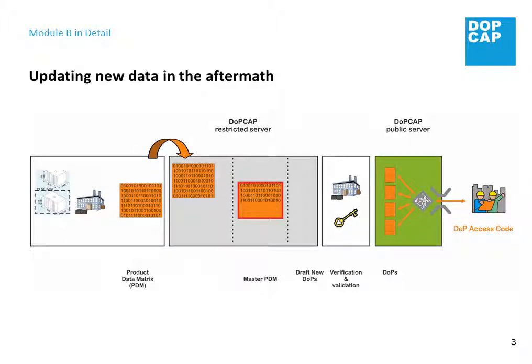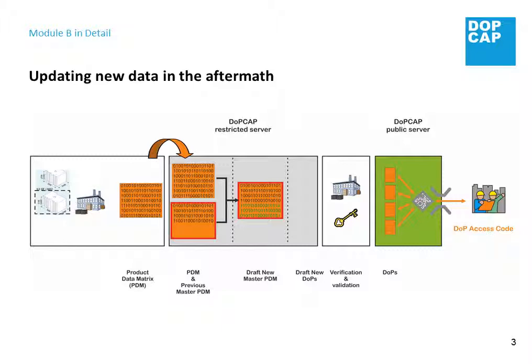Then again he will copy the PDM onto the restricted server, where it will be compared to the previous master PDM. This comparison is done line by line to ensure that none of the existing relevant data is manipulated afterwards.